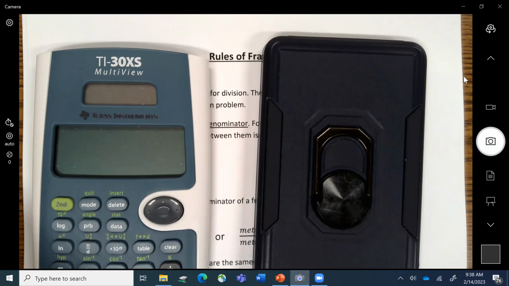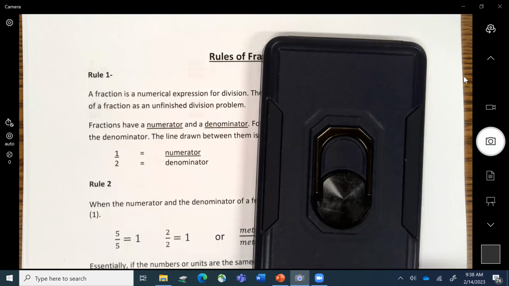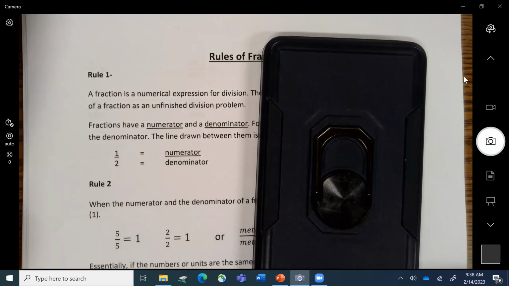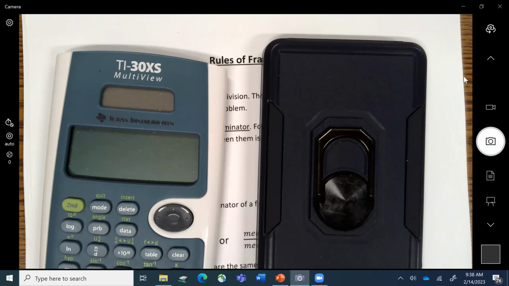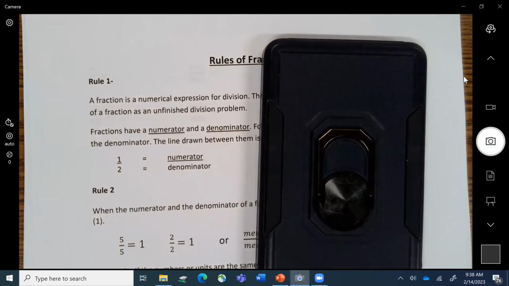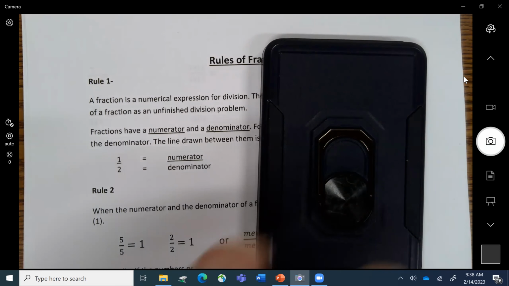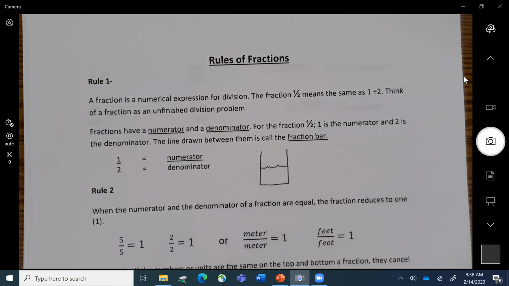Does that make sense? The fraction half is saying you have 1/2 of things. Whatever the whole thing is, there's two of them, and you have 1/2. That's what a fraction is really stating, not that it's half empty like that.